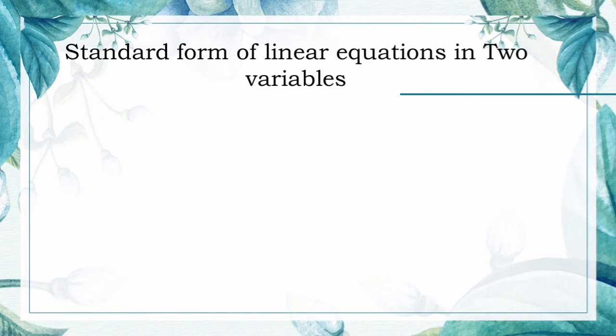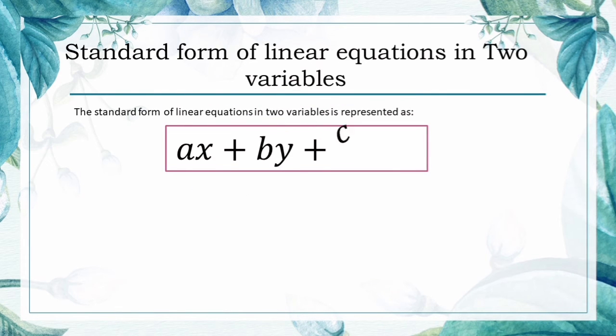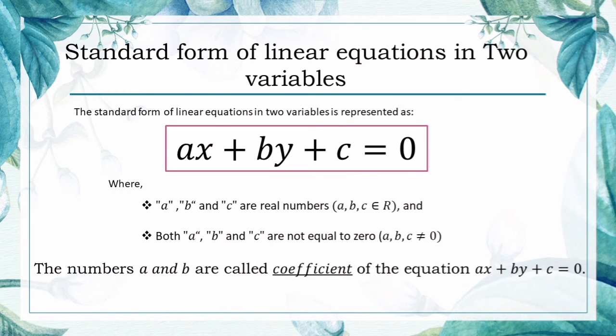Next, standard form of linear equation in 2 variables. The standard form of a linear equation in 2 variables is represented as A times X plus B times Y plus C equal to 0, where A, B, and C are real numbers, and A and B are not both equal to 0.